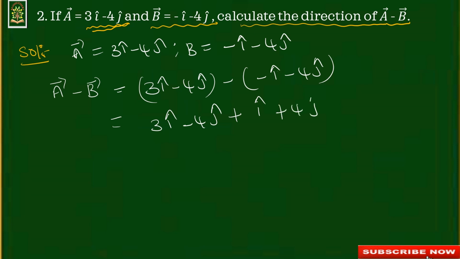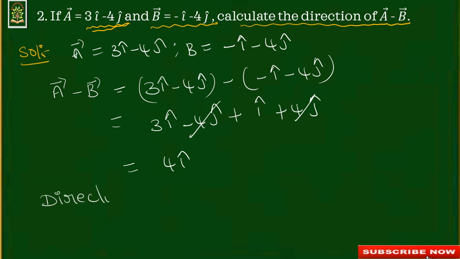So minus into minus is plus. 4 j cap minus 4 j cap plus 4 j cap cancels, and here 3 i plus i is equal to 4 i cap. So the direction of A bar minus B bar is along the positive x-axis.